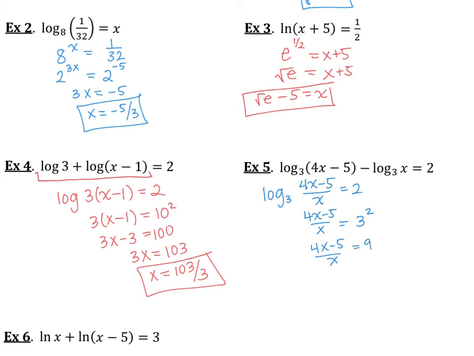I'm going to multiply by x. So I got x equals -1. I'm going to glance up and see if that's going to make any of my arguments negative. Oh yeah, that's a problem. So x actually cannot equal -1, which means this thing has no solution.